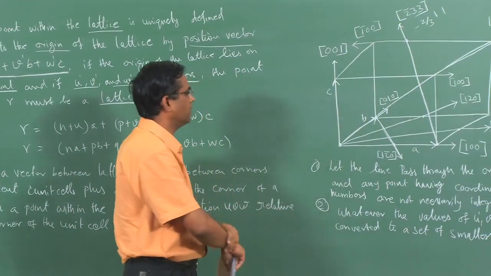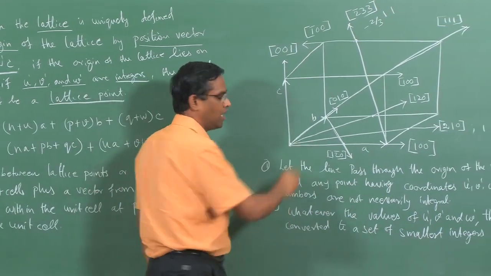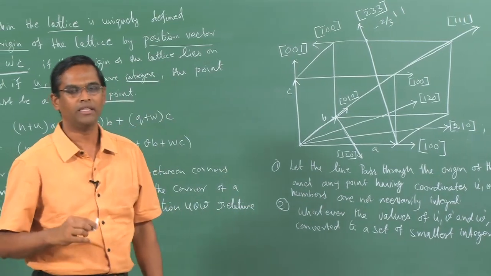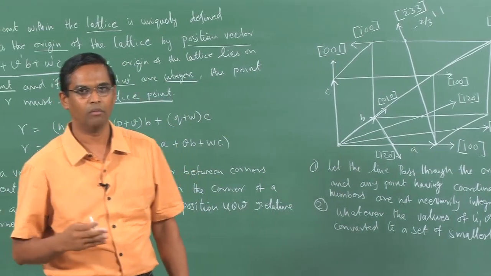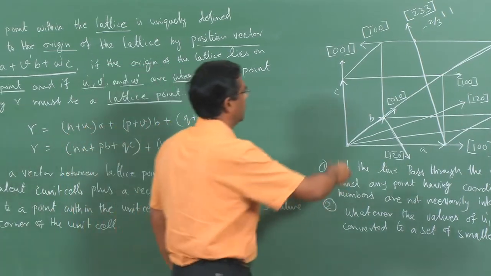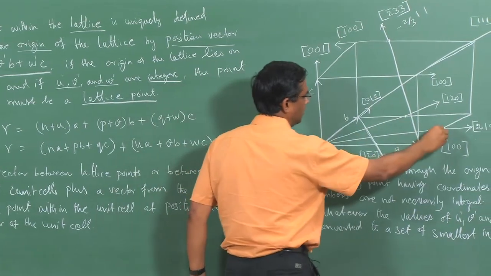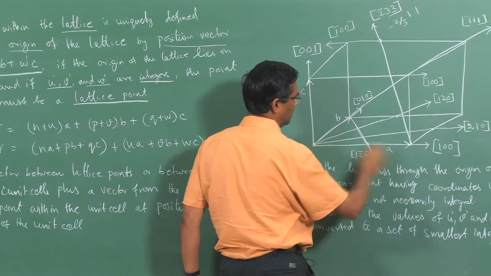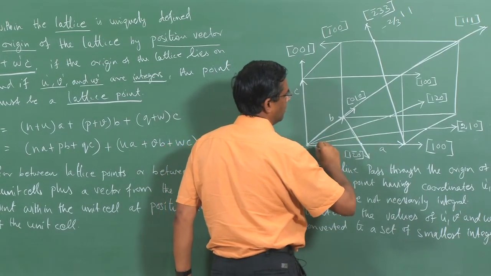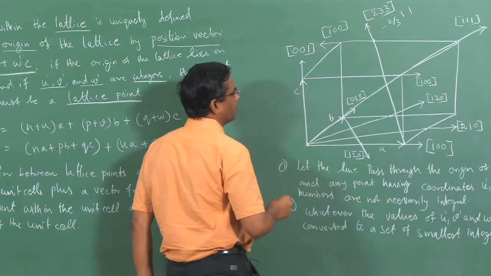The only thing is you have to remember where you keep this origin and what your sign convention is. You have to make the reference axis clear in your mind, then you can always mark the direction without any problem, whether it is in plane or parallel to this axis, or it could be like 1, 1, 1 like this.